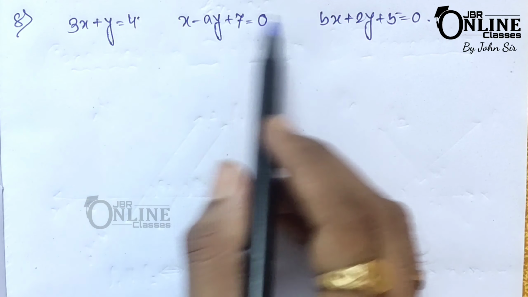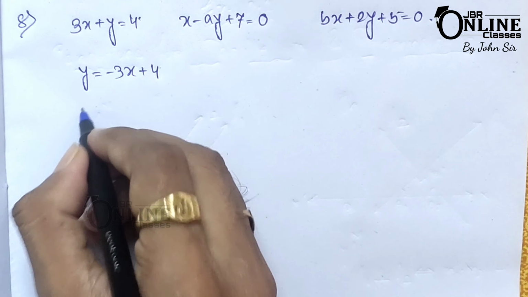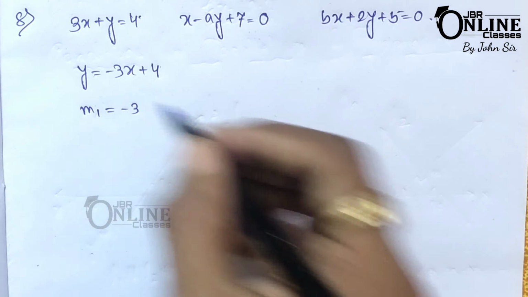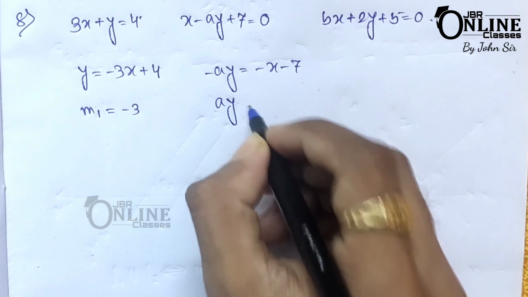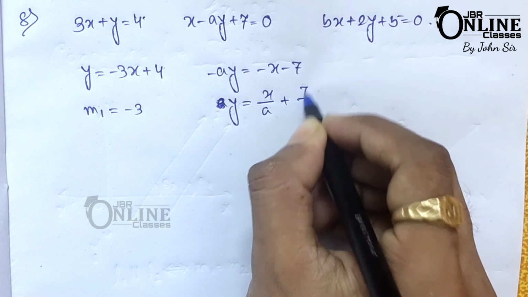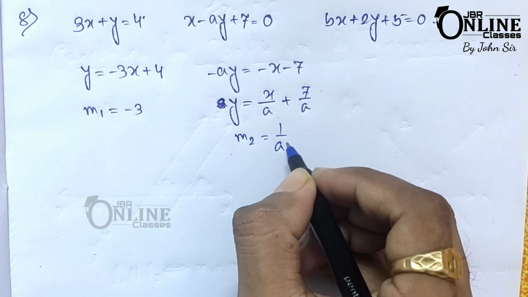So from that equation, y = -3x + 4, that means here m1 = -3. Now the next line, ay = -x - 7, so y = x/a + 7/a, that means here m2 = 1/a.